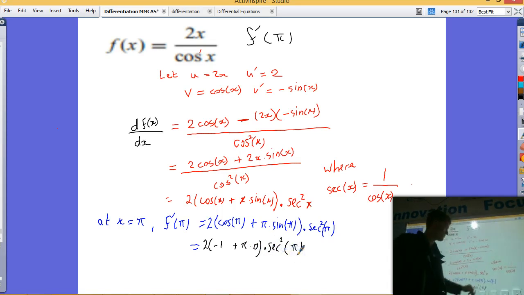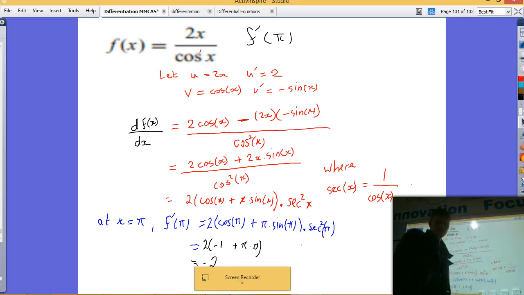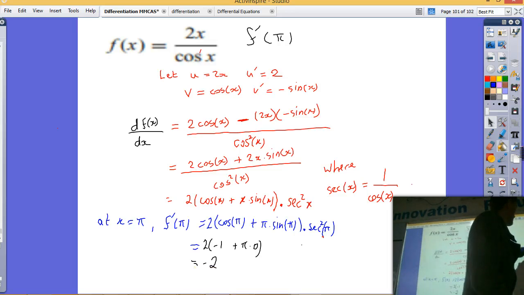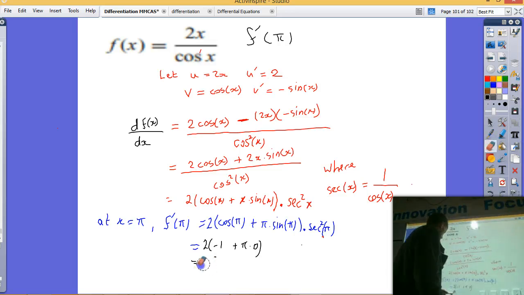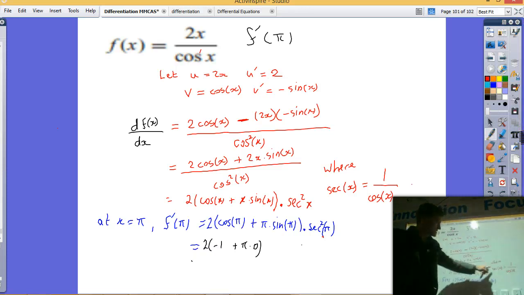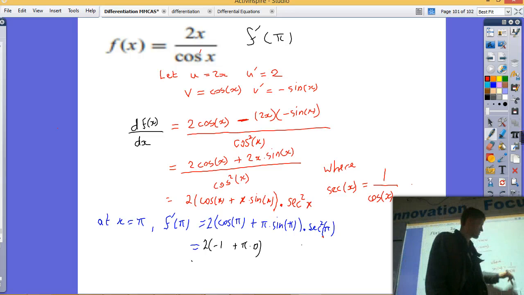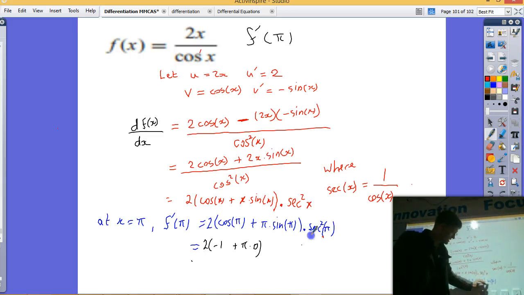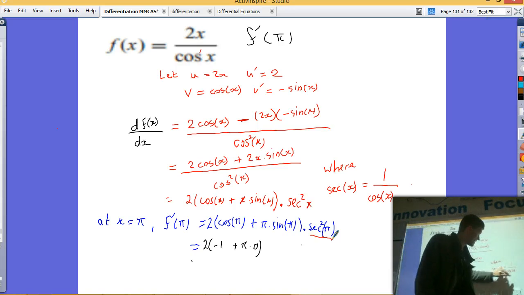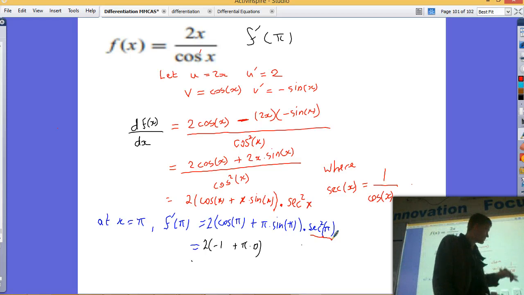Now, sec squared of pi. How do we think about such a problem? Well, let's come back to the meaning of sec of x. 1 over cos of x. So if I'm evaluating this part here, I need to think about evaluating 1 over cos of x, and then all squared.